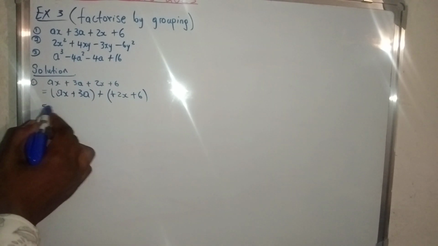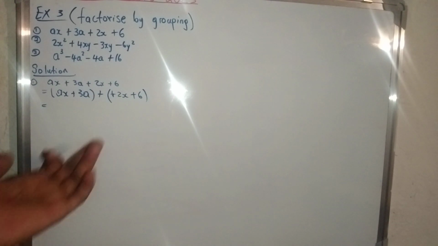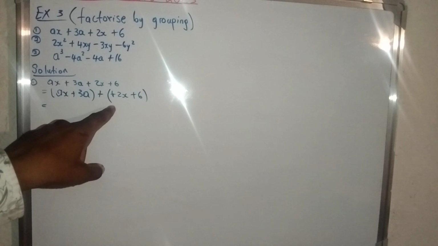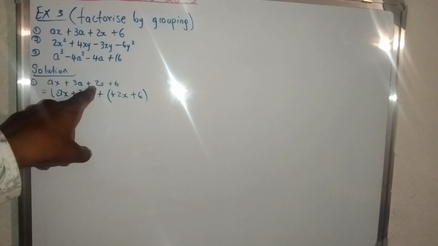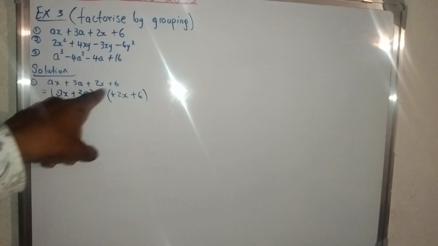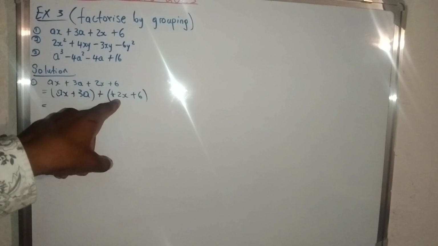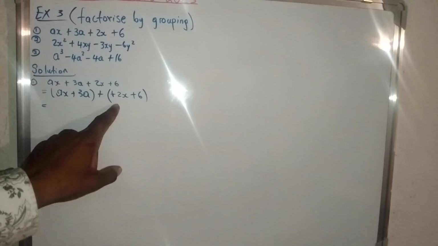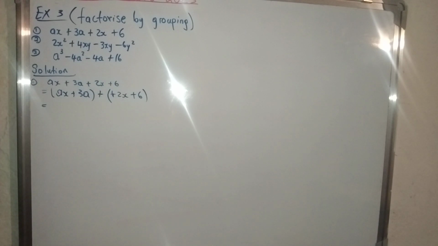Simple as that. Why am I writing the positive sign here? I know a positive sign won't change anything. It's because I want you to remember when a term is negative, so that you won't forget, because that negative will affect this term. Okay, now here, what do we do?